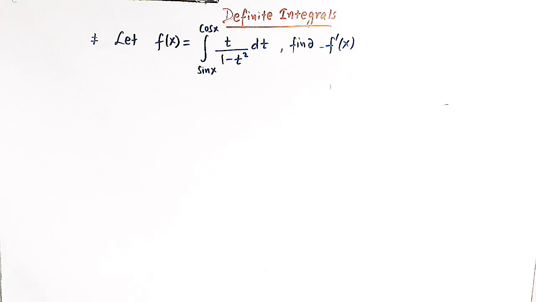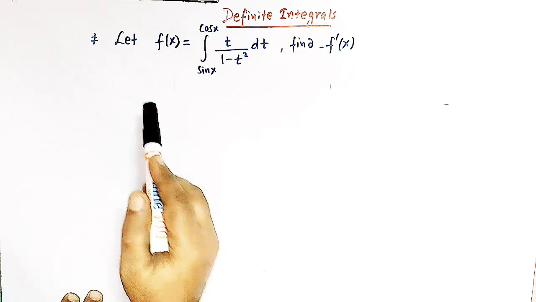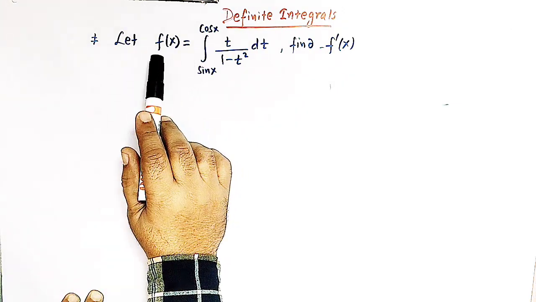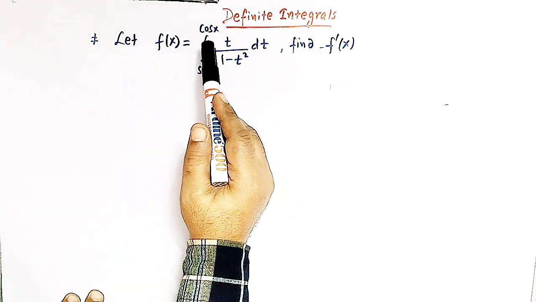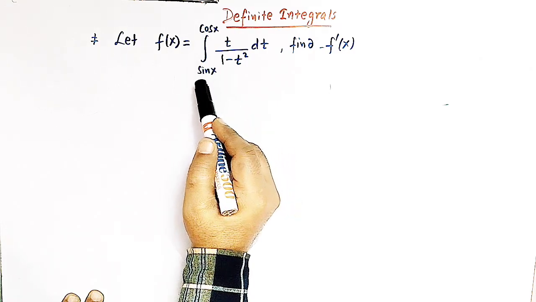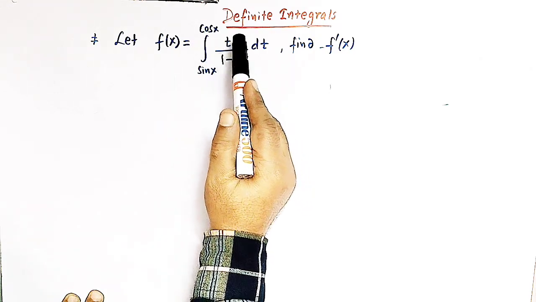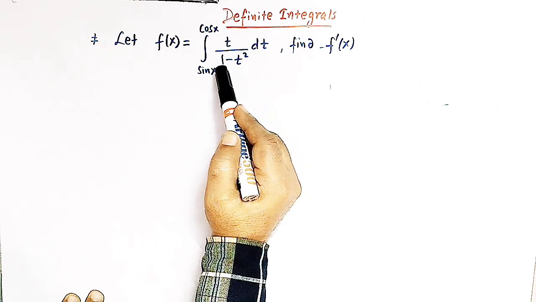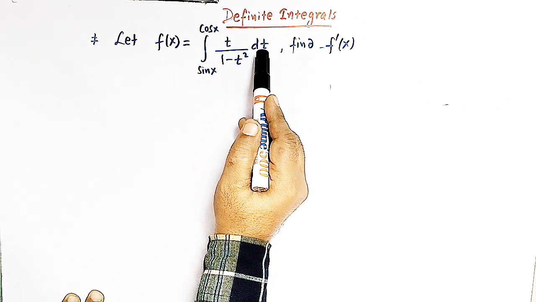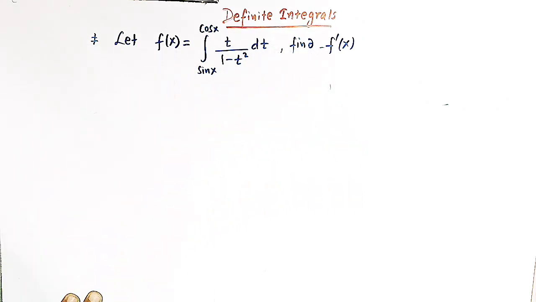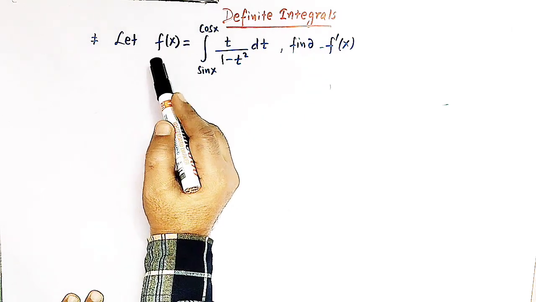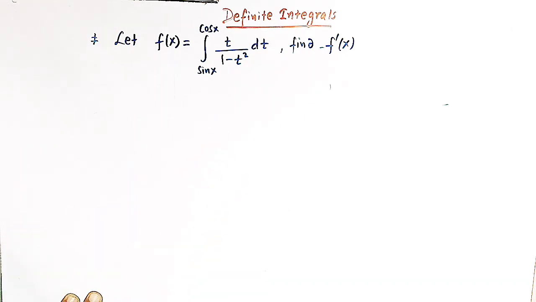Hello viewers, in today's session we are going to discuss another important problem related to Leibniz integral rule. So here in this session we are going to discuss this problem where we are given a function f of x which is equal to the integral from sine x to cosine x, and the integrand is t divided by 1 minus t square, and here we have dt, and we have to find out the derivative of this function that is f of x, right?